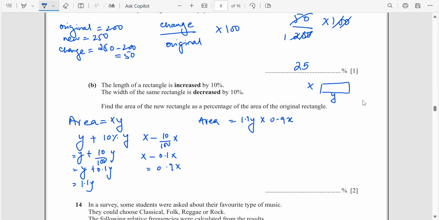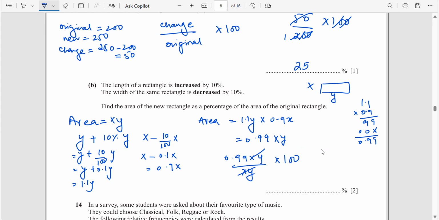So you can do the multiplication on the side. So you get 0.99. Now it's said to find the area of the new rectangle as a percentage of the area of the original rectangle. So 0.99xy over xy into 100. So xy will be cut from xy and we will get 99%.